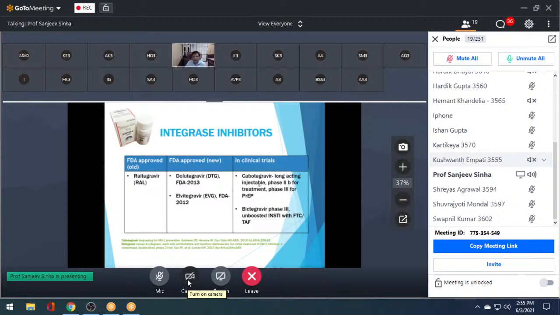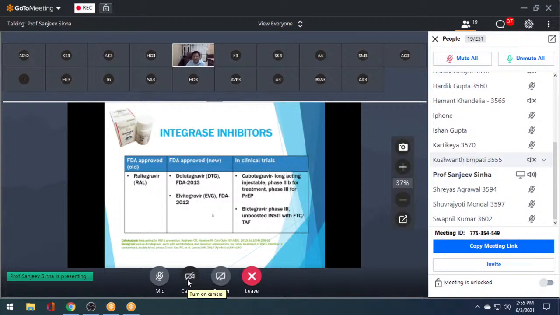Coming to integrase inhibitors. These are also very important drugs, and we are now using them as a first line drug in our country and abroad. But in the national program, we don't have them as a first line drug. We use these drugs sometimes in multidrug-resistant HIV. Also, when a patient has multidrug resistance, we have the option of raltegravir, dolutegravir and elvitegravir.